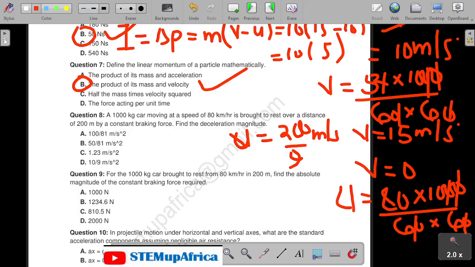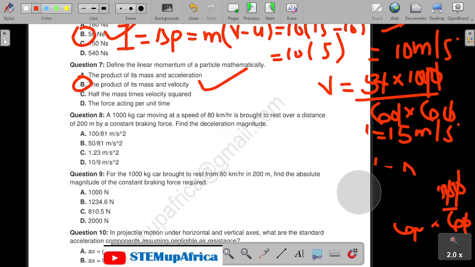Let's calculate the acceleration. We know that v is u plus at from the first equation of motion. So my a is minus u over t if v is 0. But fortunately they gave us distance and not time. So what I will do now is apply the second formula that says v square equals u square plus 2ax.